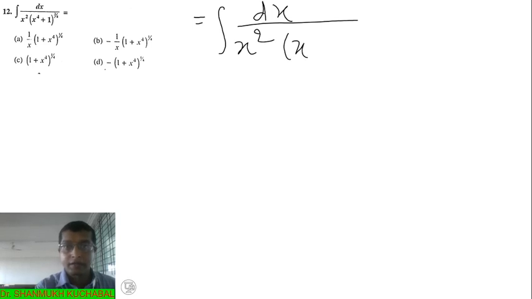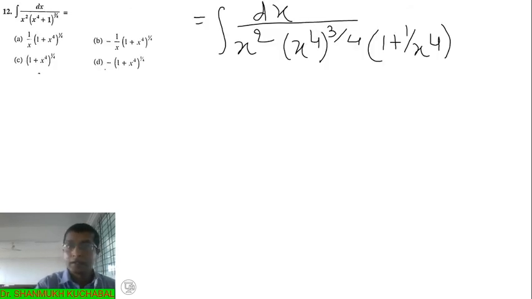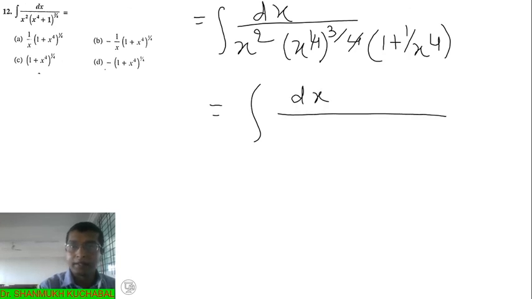We get x raised to 4 raised to the power 3 by 4 into 1 plus 1 by x raised to 4. So further, numerator 4 and denominator 4 cancel. So we get dx divided by x raised to 2, x raised to 3, we have to add it. So x raised to 5, 1 plus 1 by x raised to 4, we get it.